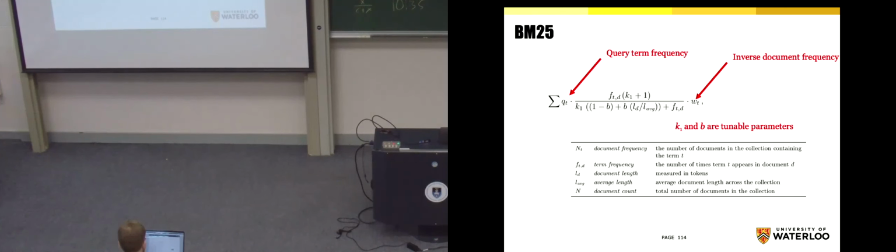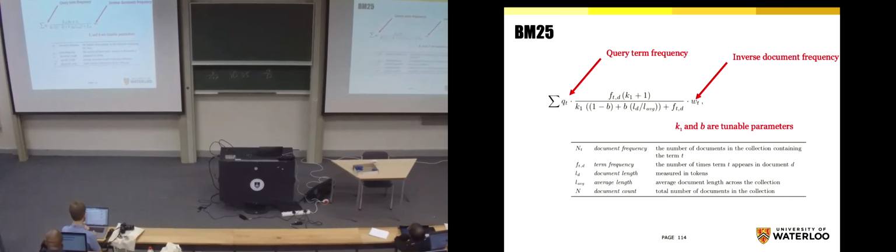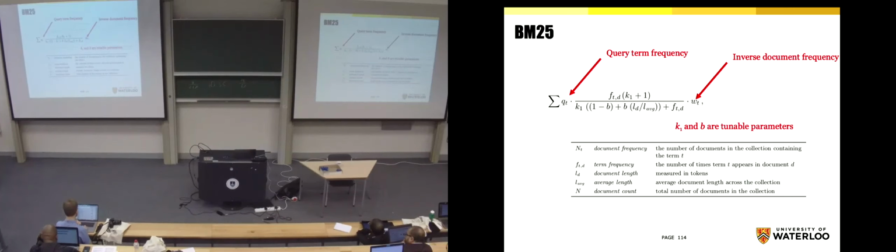So it's a smaller number. The idea is that it's not that a term appearing twice in a document is twice as good, right? A term appearing twice in a document is a little bit better, and 3 times is a little bit better, but not 3 times better. So this insight tells us what it means to have terms repeated multiple times in documents.